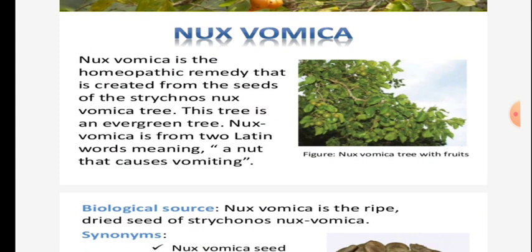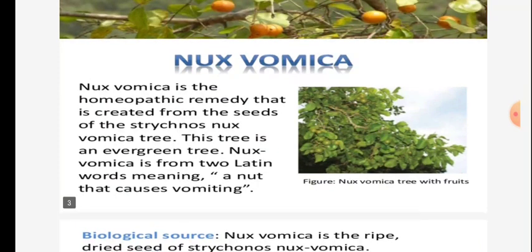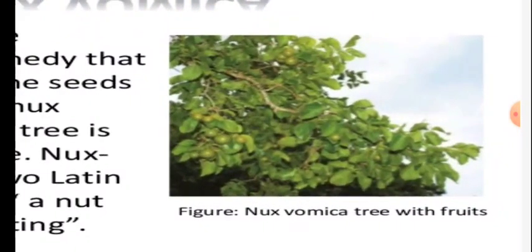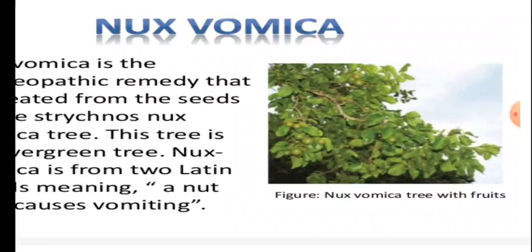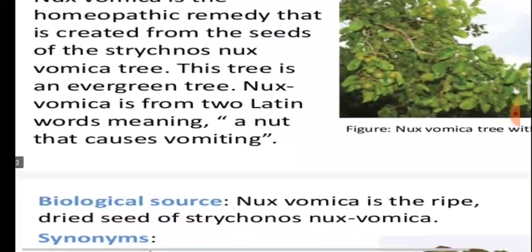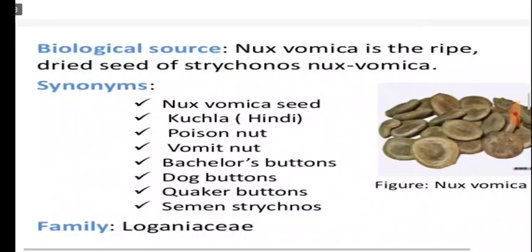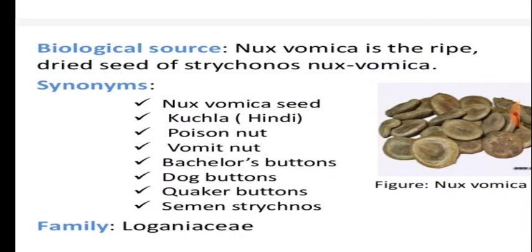It is an evergreen tree, and its name has two Latin words, meaning a nut that causes vomiting. So nux vomica, vomica is the name due to its vomiting property. So here it is one characteristic. Secondly, biological source. The seeds here you are observing.